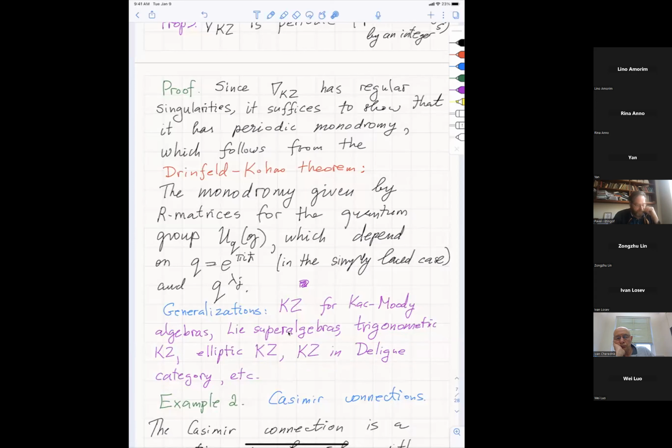Exactly, yes. There exists an irregular degeneration of trigonometric KZ, which is the equation considered by Felder, Markov, Tarasov, and Varchenko, and it commutes with the Casimir connection. So for those pencils with irregular singularities, it is known that a periodic pencil, we will see the theorem, always has regular singularities.